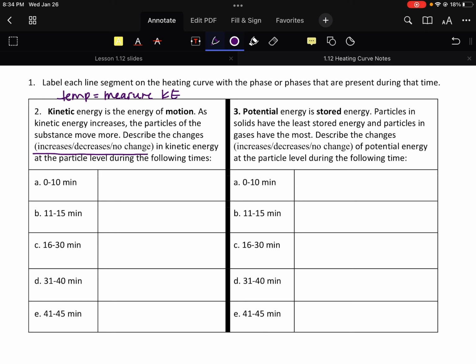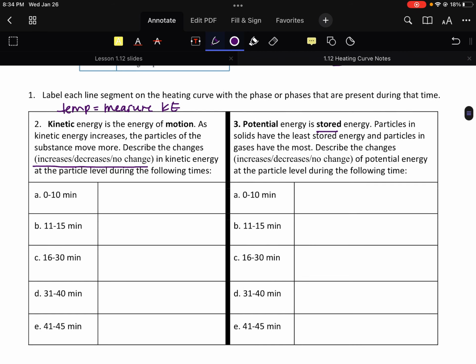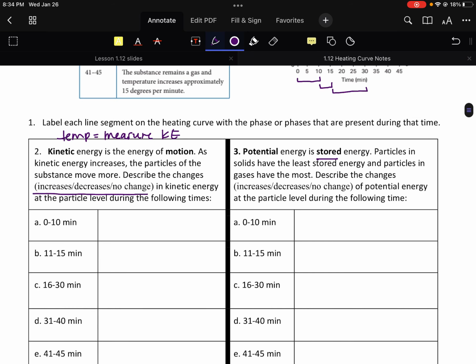Is our energy increasing or decreasing or not changing? Once you look at kinetic energy, you're going to skip over to potential energy, and potential is stored energy. That's energy that's stored inside the molecule, inside the particle. So read through a little bit about the kinetic and potential energy, and then you're just stating increase, decrease, or no change through this chart, based on what you see in the graph.